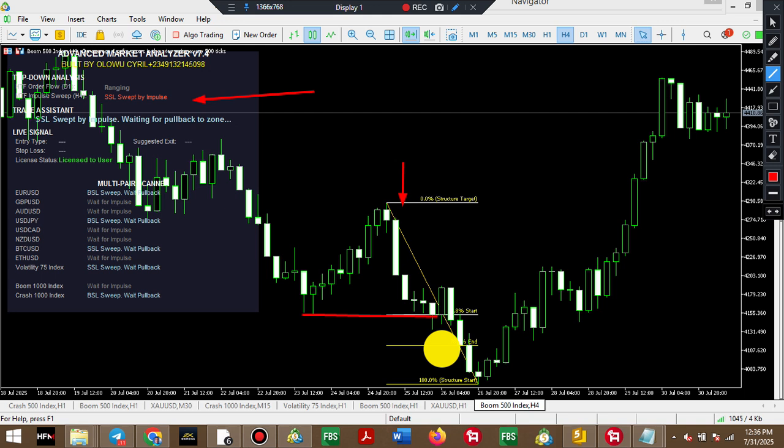A sell side liquidity. So we are expecting to what? Buy, which might be a pullback or a continuation in the other way around.